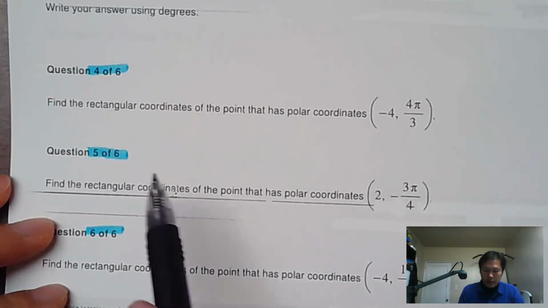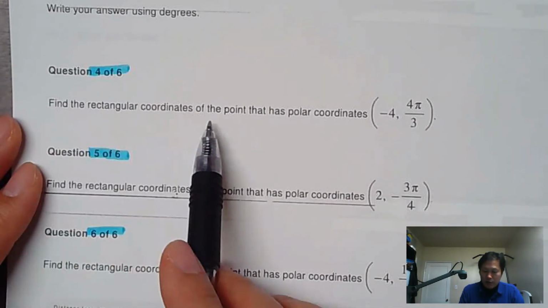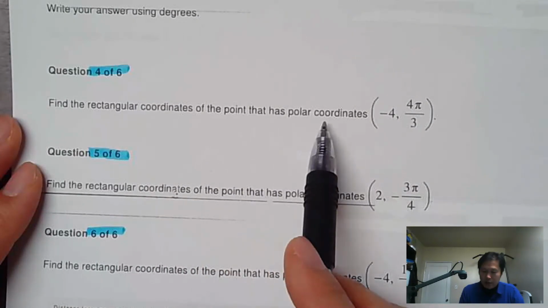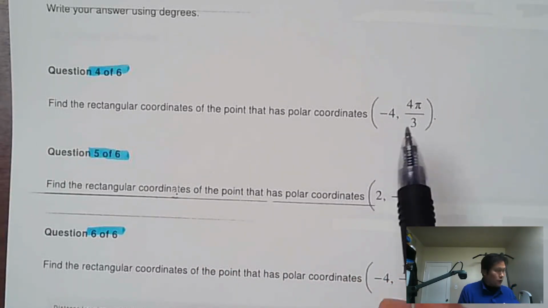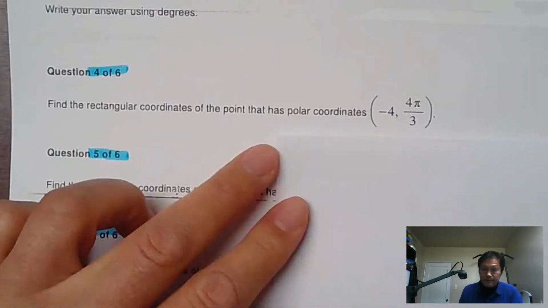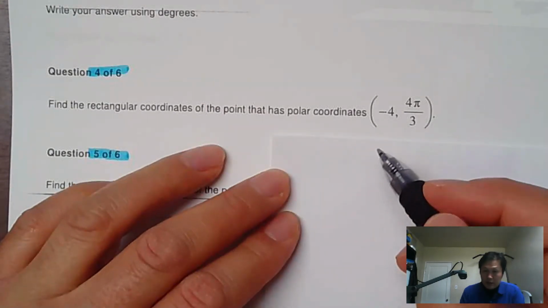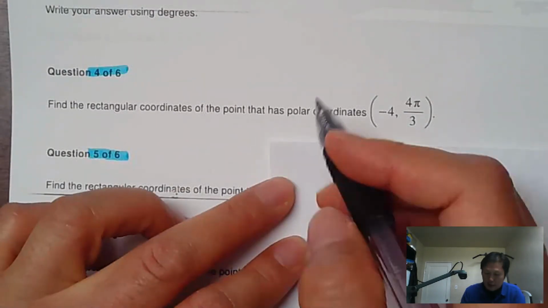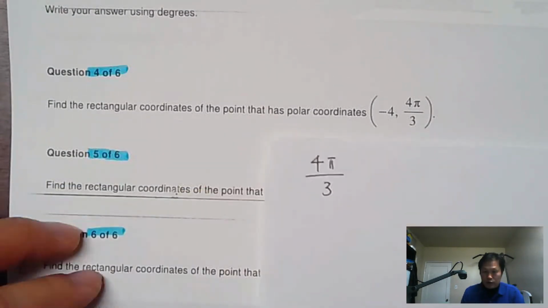Let's try this one. Find the rectangular coordinates of a point that has polar coordinates of minus 4, 4 pi over 3. So 4 pi over 3 as the angle, it's easier for you to convert that to degrees.